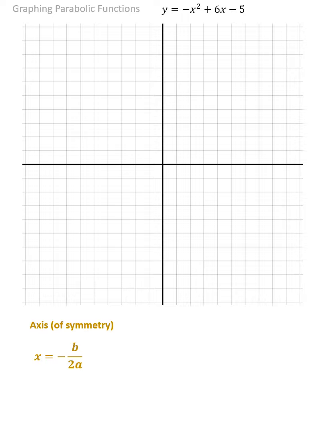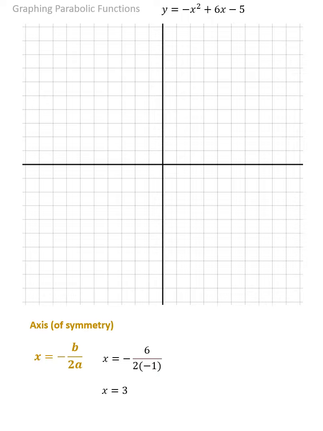Now look at the bottom of the screen. You'll notice there's no c in this formula, but I can plug in the b and the a from the particular problem. Since a negative divided by a negative is a positive, and since 6 divided by 2 is 3, I have an axis of symmetry of x equals 3.